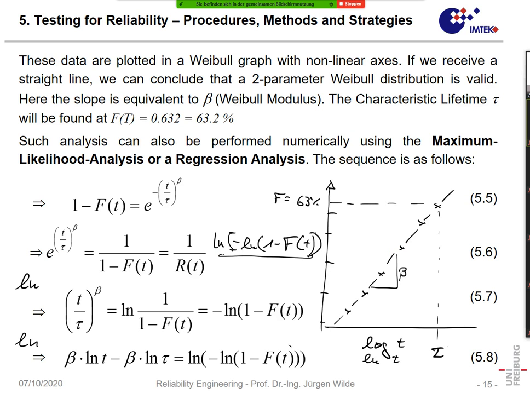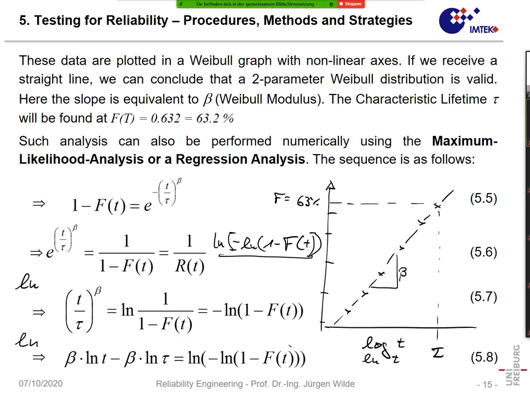And the failure function is plotted, but not in a linear way, but as the logarithm of minus logarithm of 1 minus F(t), or logarithm of minus logarithm of R(t). And from the slope we get the beta, and from 63% here at this axis we get the tau. And in that way, we have analyzed these data.